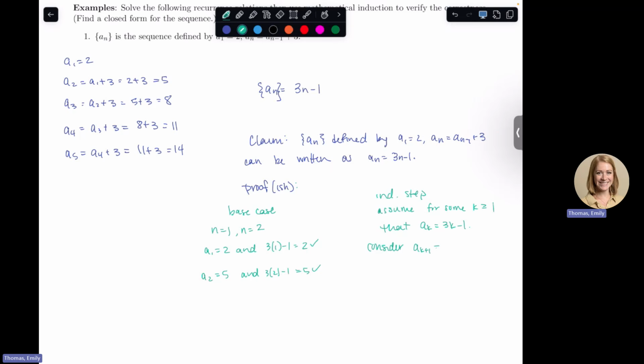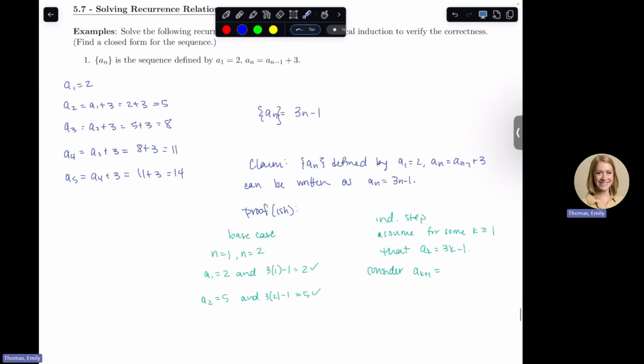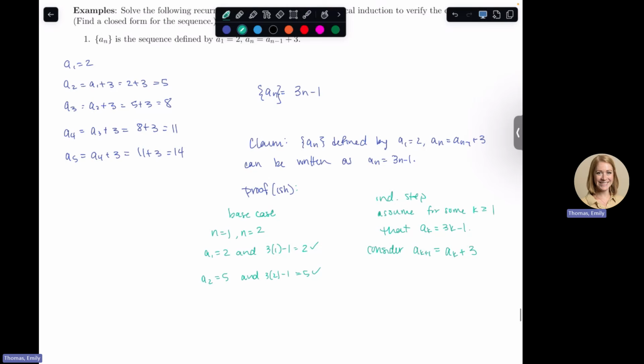Now, what do I know about a sub k plus 1? It is a sub k plus 3. But then a sub k is 3k minus 1.